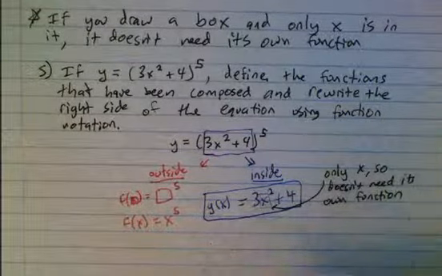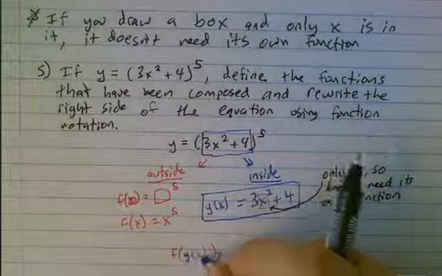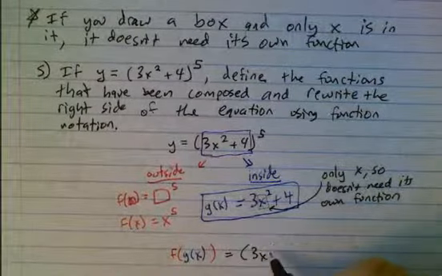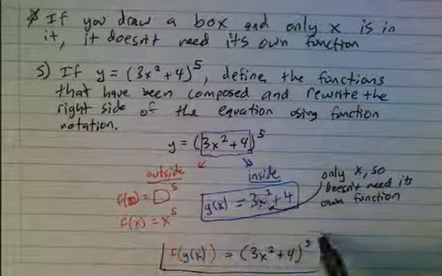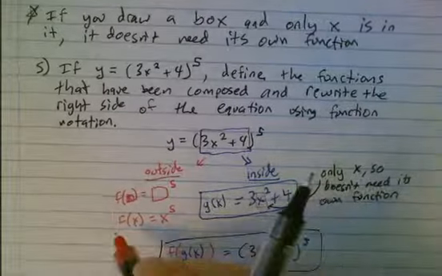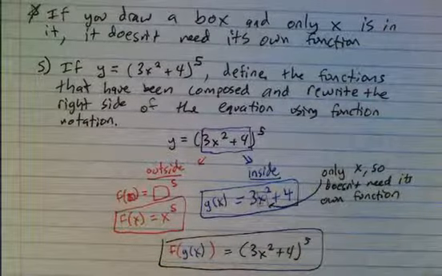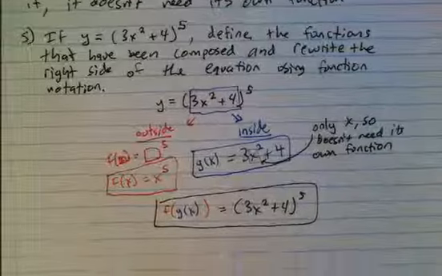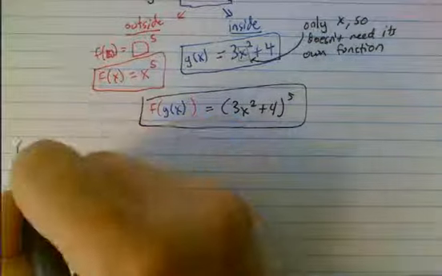We're going to define this as f of g of x equals 3x squared plus 4 to the 5th power. So this, and this are all part of our answer. Let's have you check your understanding for this on a similar problem.